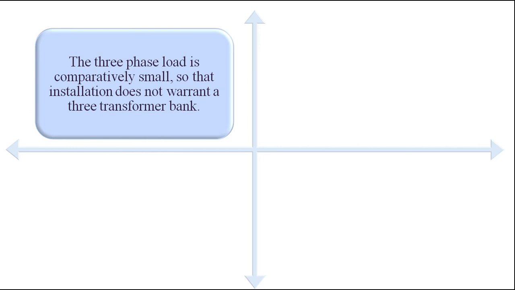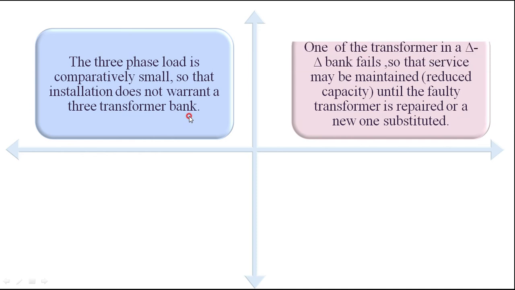Using only two transformers, you are capable of handling your lower loads. That is the first advantage. The three-phase load is comparatively small previously, so the installation does not warrant a third transformer, and so you can make it an economy.